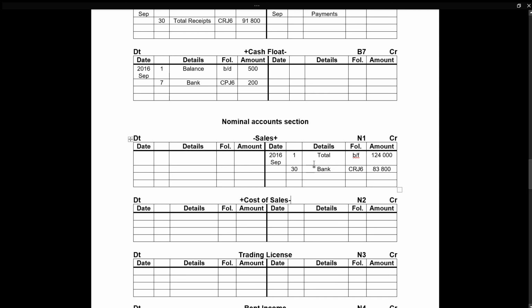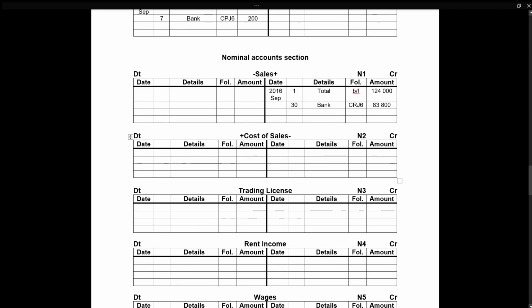Income will have a positive influence on owner's equity, and expenses will have a negative influence on owner's equity. Right, but cost of sales had an opening total of 74,400 Rand. This will be brought forward. My details will be total, and this will be on the 1st of September 2016.